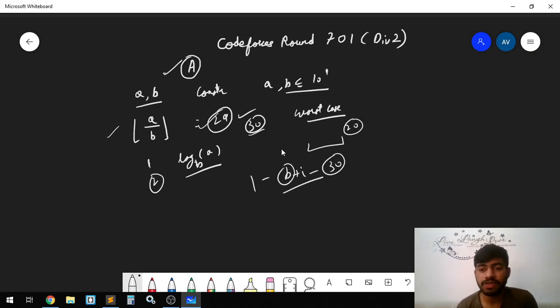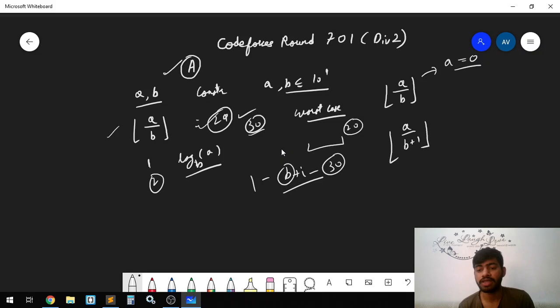Okay, so we will first check how many operations it will take to convert a to 0 with a divided by b, and then we will check for a divided by b plus 1, and then a divided by b plus 2, and like this we can check till a divided by b plus i. The minimum operation count that any of them gives will be the answer.